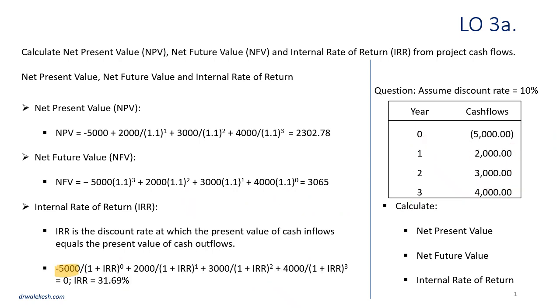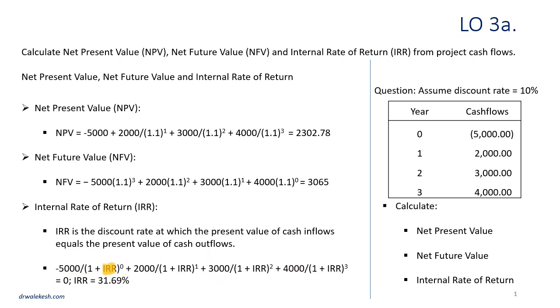So this is the 5,000, the minus 5,000 being discounted back to today using the internal rate of return, or we could just say discount rate, but it will be raised to power 0. Then 2,000 being discounted back to today, but raised to power 1. So the whole of this, we expect it to be equal to 0.